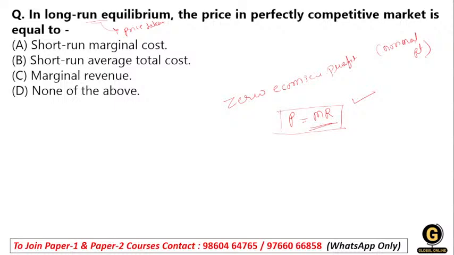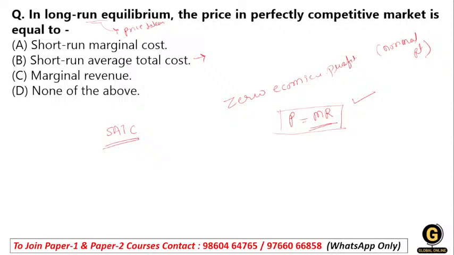But when we talk about the short run, there is the SATC, the short run average total cost, at this point. Here the price may equal SMC, short run marginal cost, as equilibrium, and this is not a defined condition in the long run.